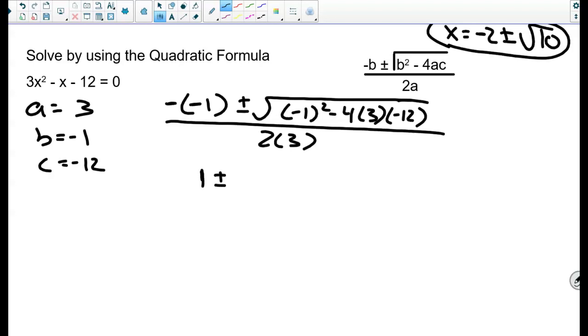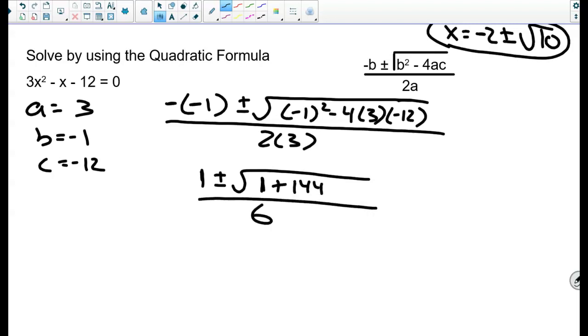Negative negative 1 is 1. Negative 1 squared is 1. Negative 4 times 3 is negative 12. Negative 12 times negative 12 is 144. All over 6. Now, if you can simplify root 145, you should do it.